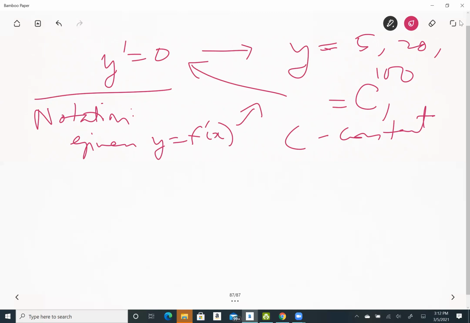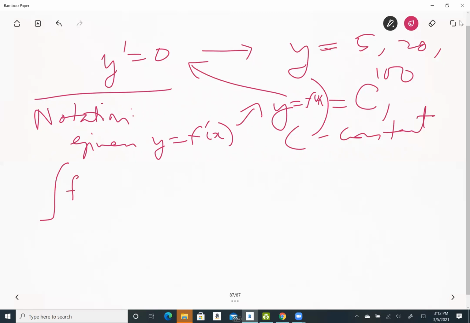I want to find the function y equal to f of x. Okay, so notation is this. We denote the symbol of integration. The symbol is like that.